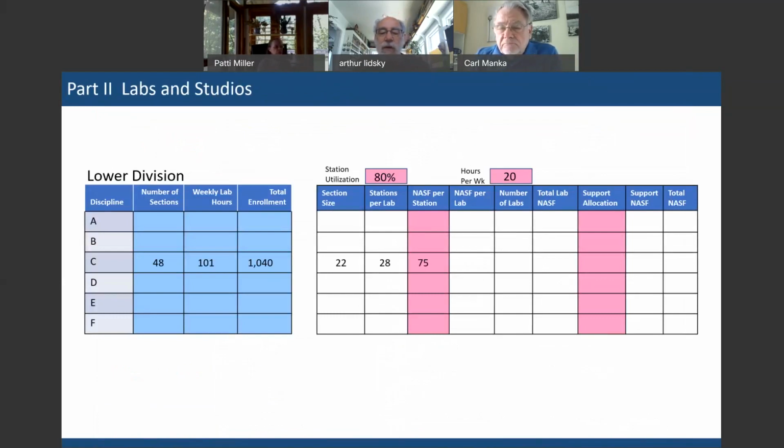The number of square feet per seat comes from the discipline. Net square feet per lab is 75 times 28. Number of labs is 20 hours per week into the total weekly lab hours. 101 means you need 5 labs. And again, it works its way through.